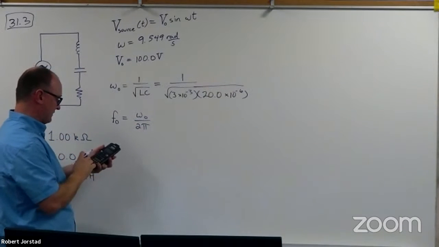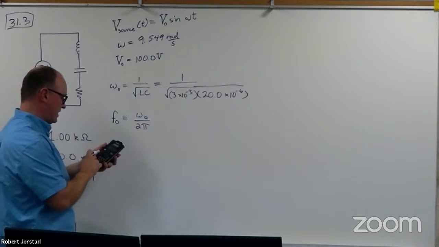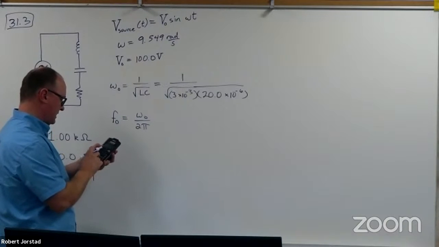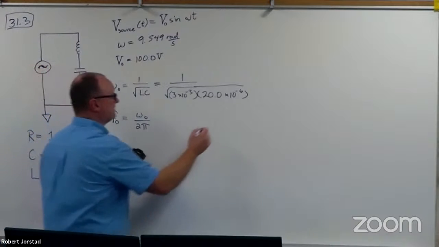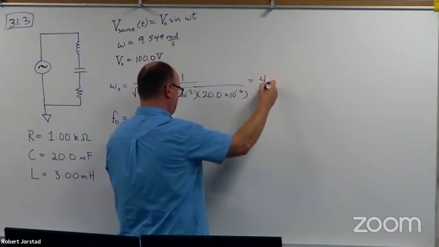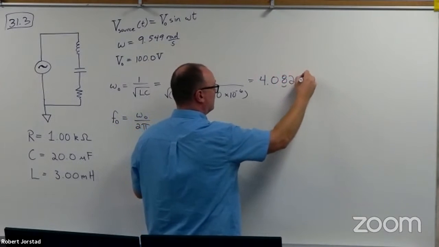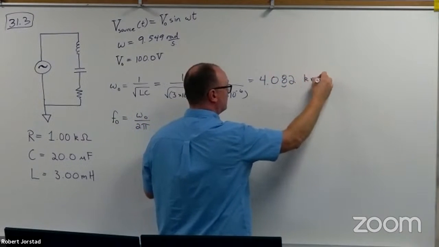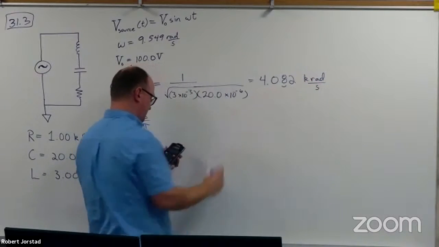Get used to flipping stuff around. So 3e negative 3 times 20e negative 6. And then I'm going to square root that. And I'm going to 1 over it. So I got 4 kiloradians. All I did was shift 3 decimal places, right?